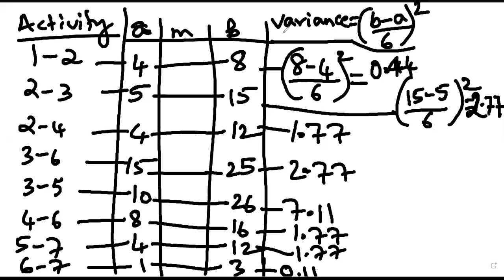In this case, you have to list all the critical activities, also list their variances, and sum it up. That will be the variance.